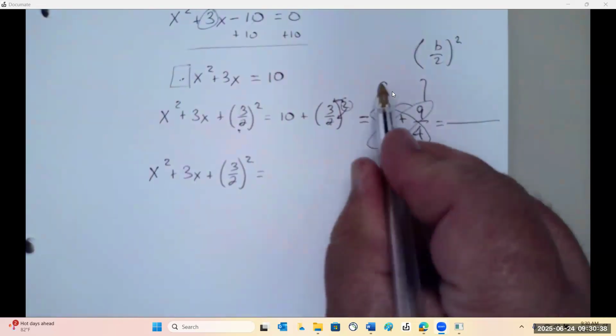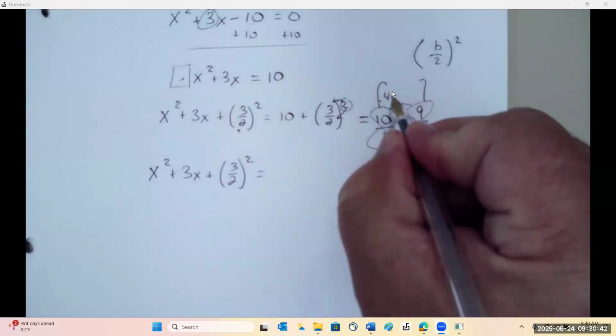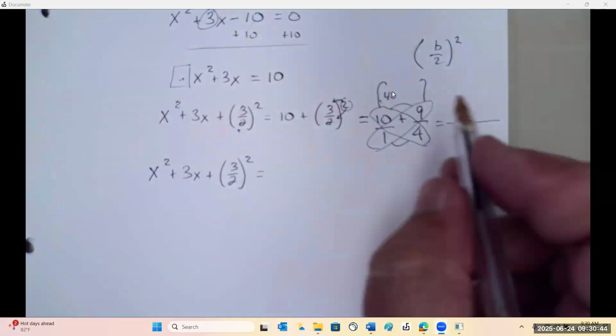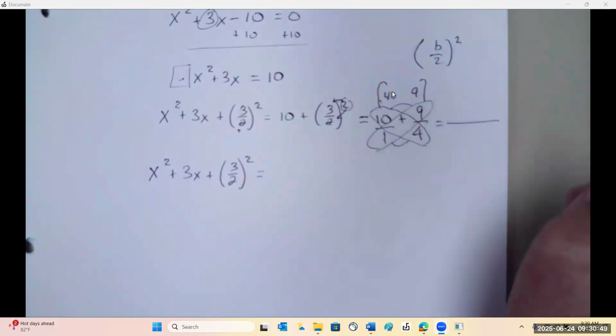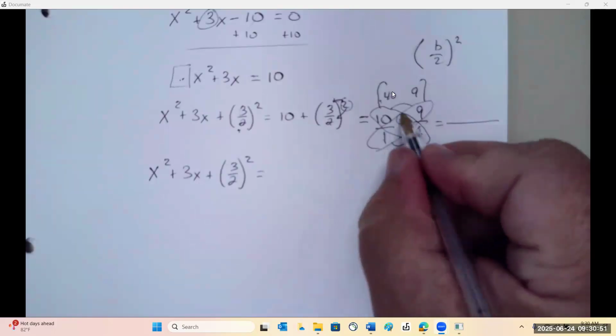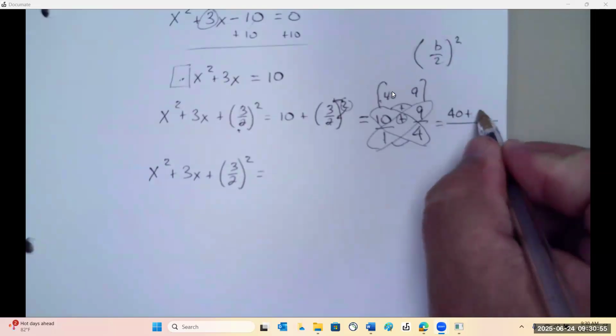So in this one, you multiply these. 10 times 4 is 40. And you multiply these. 9 times 1 is 9. And this operation is there. So on top, we have 40 plus 9.